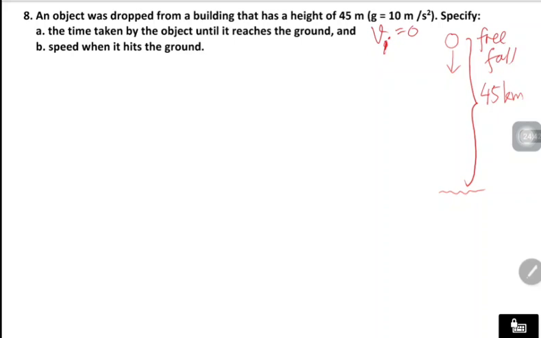So we can use the formula H equals 1/2 acceleration times t squared. Acceleration is gravity, 10 meters per second squared, times t squared. The height is 45.